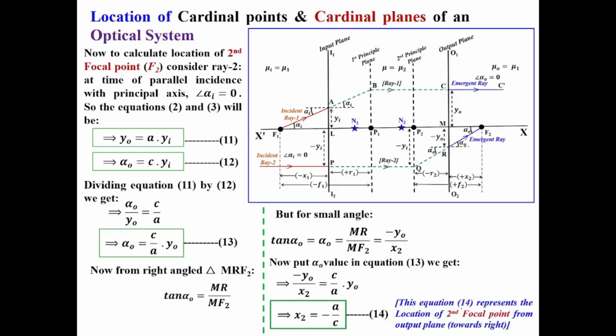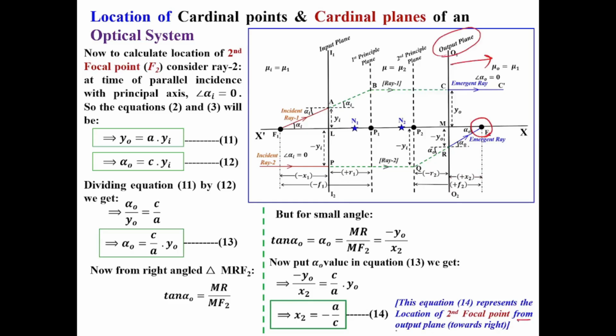And this equation number 14 represents the location of second focal point here. See, this distance is your x2. This value, minus a by c, represents the second focal point from the output plane towards right.